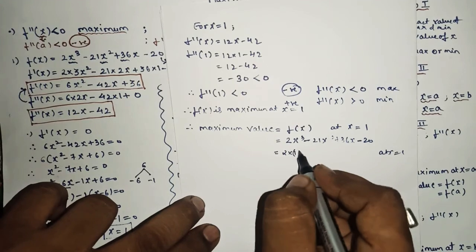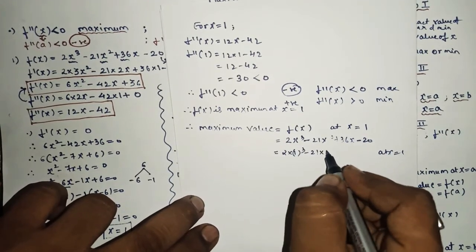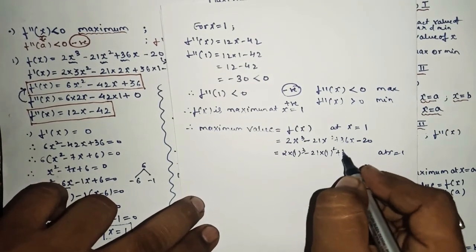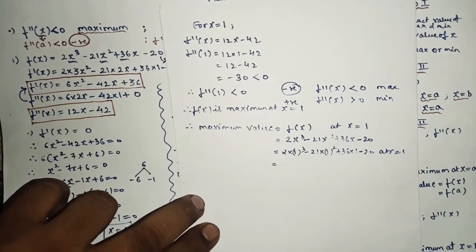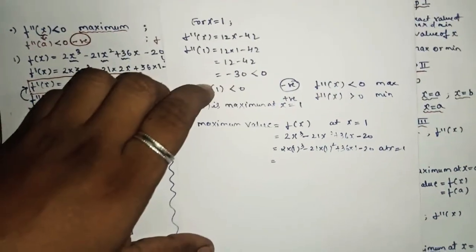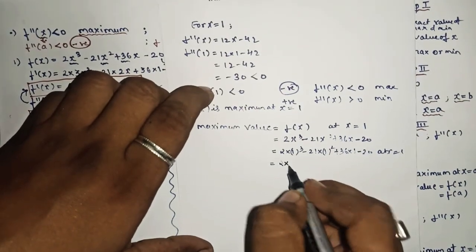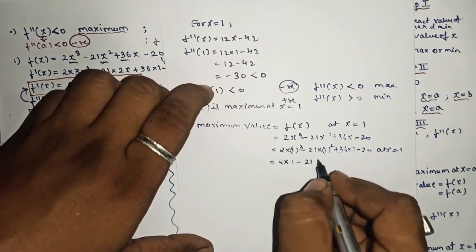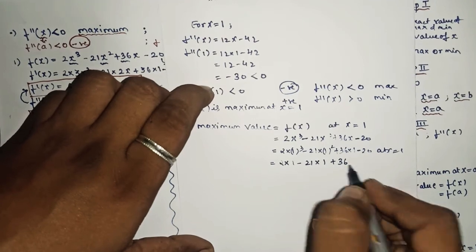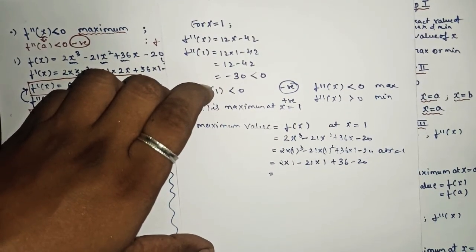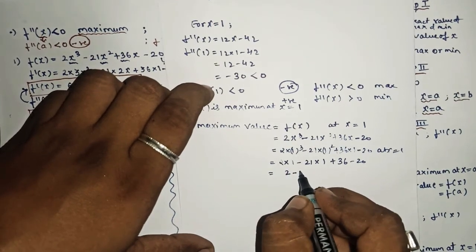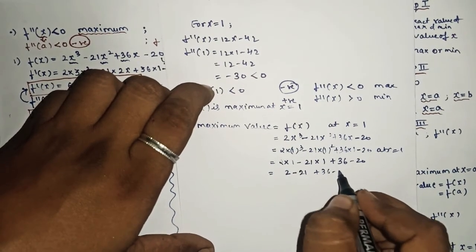So 2 into 1 cube minus 21 into 1 square plus 36 into 1 minus 20. So 2 into 1 cube is 2, 21 into 1 square is 21, 36 into 1 is 36, and minus 20. So it is 2 minus 21 plus 36 minus 20.